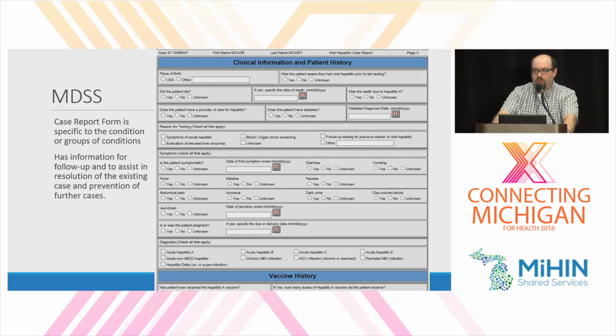So basically, I should have thrown in some stat slides on this. I thought it would have been kind of interesting, but I can quote a few off the top of my head. Right around 2008, 2009, we were receiving maybe 40,000 electronic lab reports per year. This last year, we received over 175,000 inside of a single year.